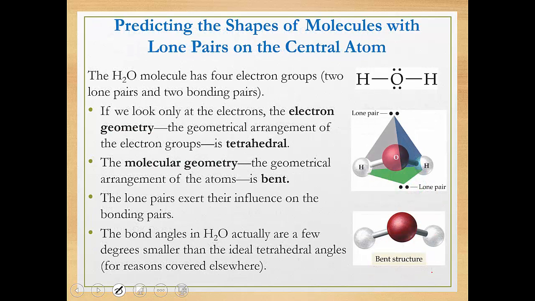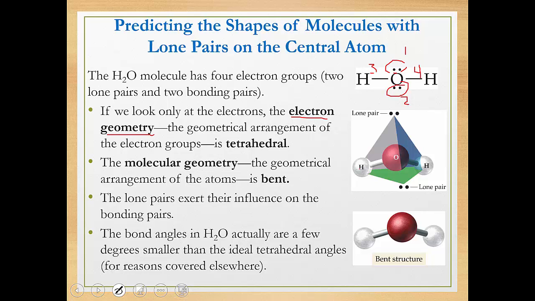If I look at a water molecule, now I have 2 lone pairs on the central atom. Here's one electron pair, electron group, there's 2, here's 3, and here's 4. I still have 4 electron groups. So if I put it into the electron geometry, I'm looking at everything on there.